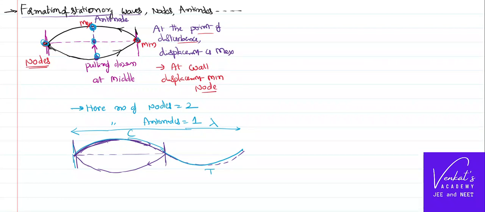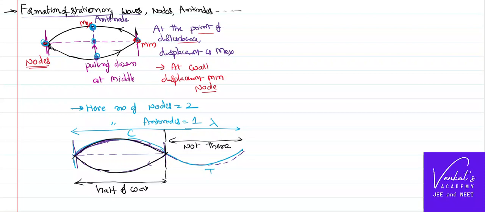But if you notice carefully, half of the wave is not there in a stationary wave. There is only the first part. So the length of this stationary wave part, as it is only half of the wave, is half of the wavelength. It's not a complete wave, it's only half the wave. So its length between these two is only lambda by 2.